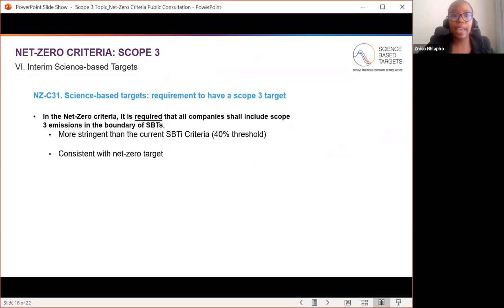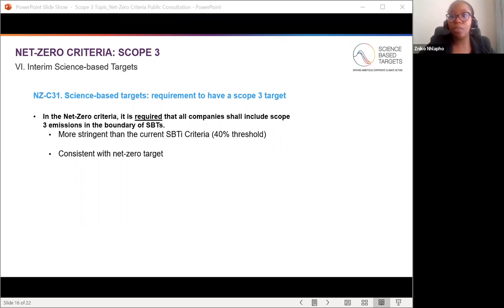So let's take a look at Criterion 31, which details the requirements to have a scope 3 target. In the net zero criteria, we require that all companies shall include scope 3 emissions in the boundary of their SBTs.